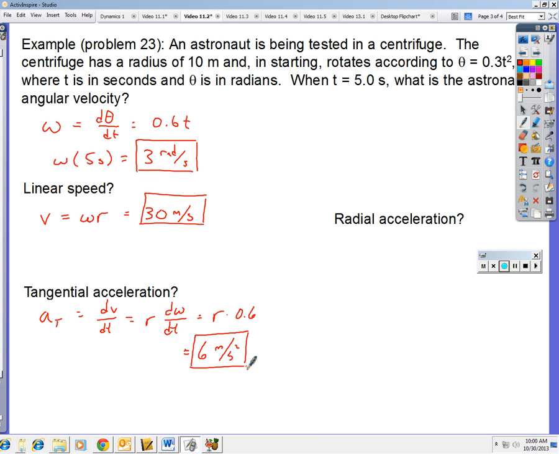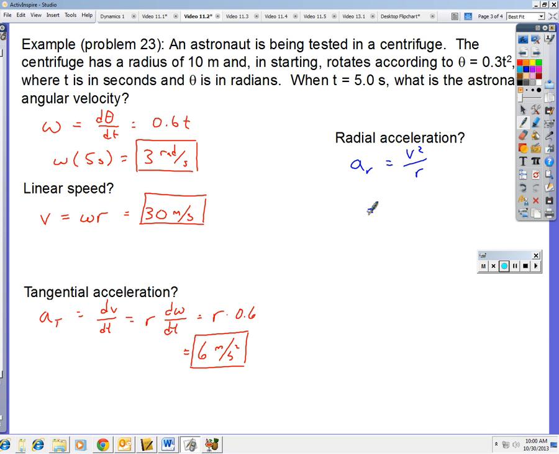And that value is going to be a constant throughout the whole thing. We can notice that because omega increases linearly, we have constant angular acceleration and therefore constant tangential acceleration. The radial acceleration, however, is not constant because radial acceleration, or centripetal acceleration, is v squared over r. So the faster he goes, the larger the radial acceleration is, even though the tangential acceleration is constant.